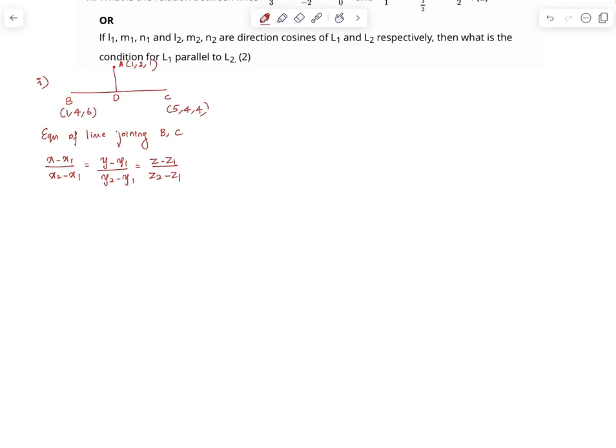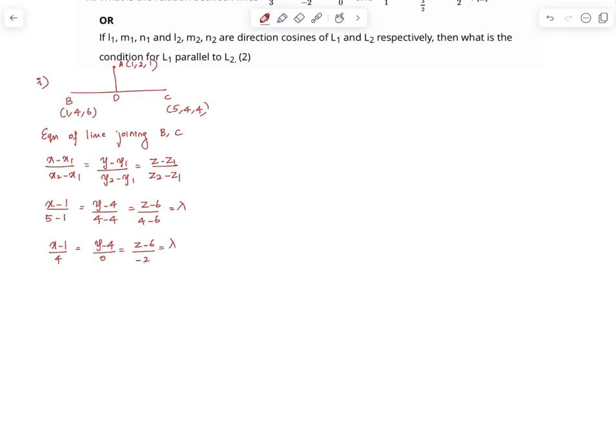So here x1, y1, z1 is taken as the coordinates of B and x2, y2, z2 is taken as the coordinates of C. So x minus 1 upon 5 minus 1 is y minus 4 upon 4 minus 4, which is z minus 6 upon 4 minus 6. Let this be some lambda, and x minus 1 upon 4 is equal to y minus 4 upon 0, which is equal to z minus 6 upon minus 2.